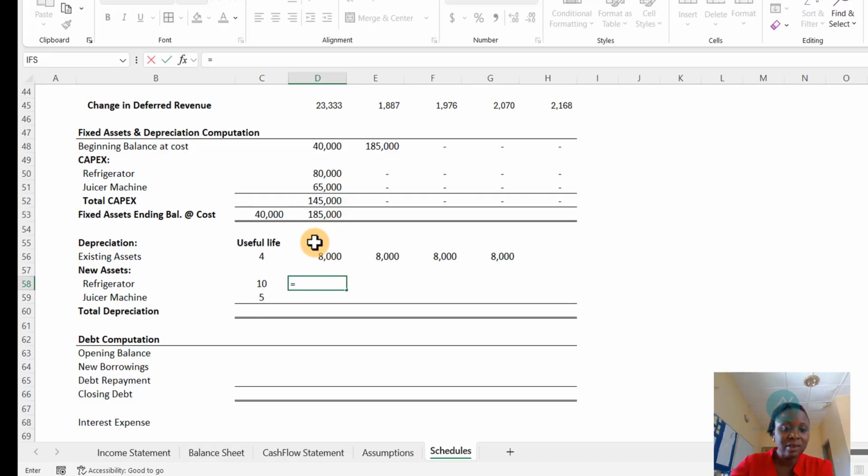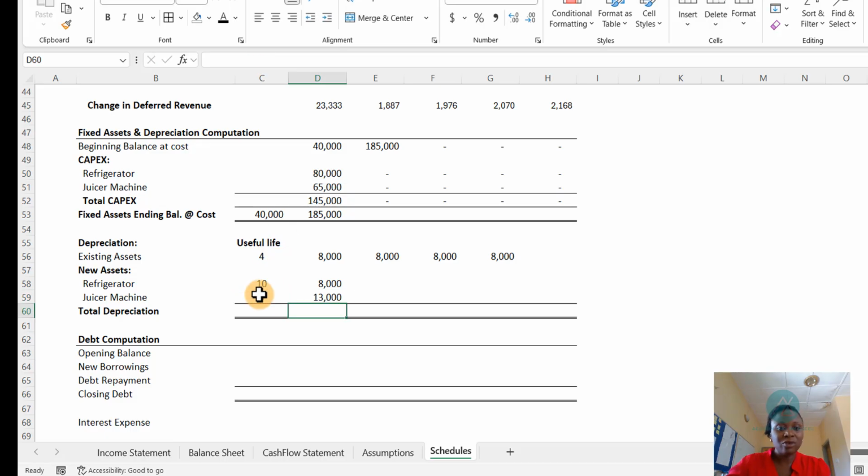So we'll lock it because it's just straight line depreciation as we stated, and divide by the number of years of this straight line depreciation, right? So the same thing as with the juicer, lock it and divide it by the number of years. We'll also lock it because we don't want it to move across. So good.